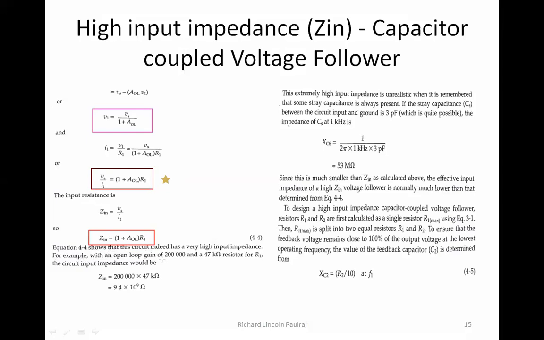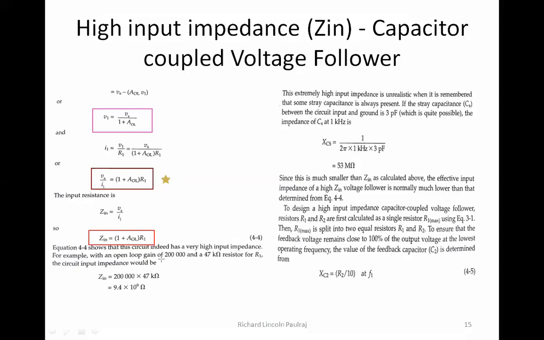So usually how much is our gain? Is our gain limited, or do we have very high gain for an op-amp? Can you recall? Very high, right.